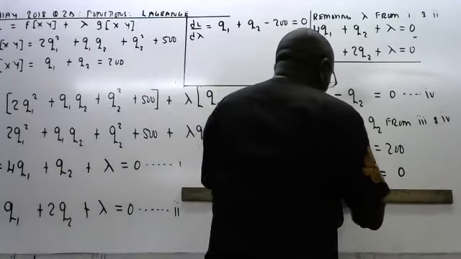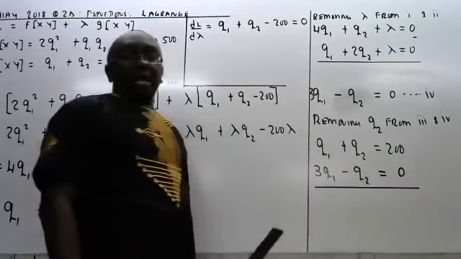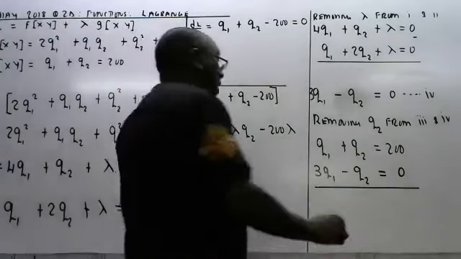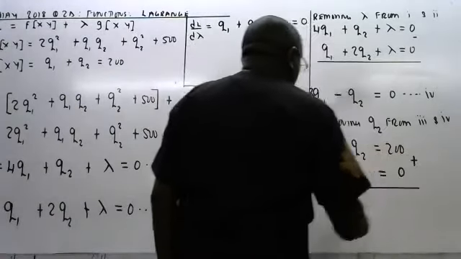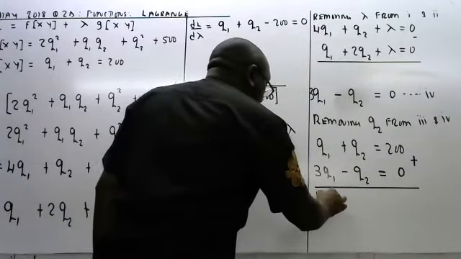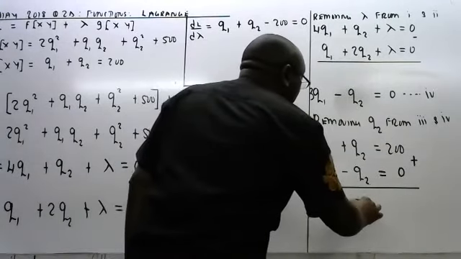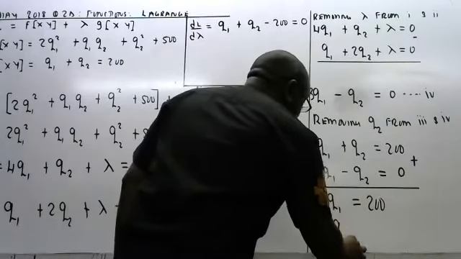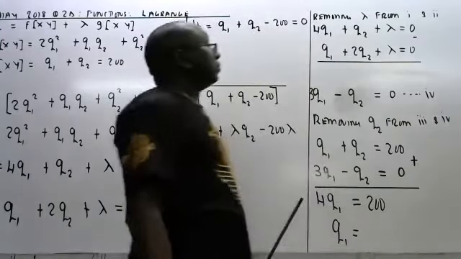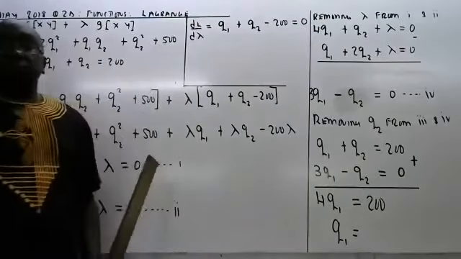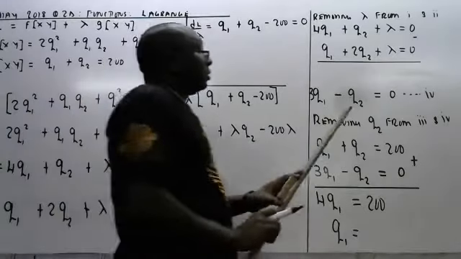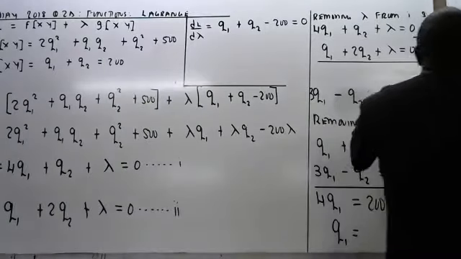So what I must do for my Q2 to disappear is to add, so that I'm left with 4Q1 being equal to 200. So tell me, what is Q1?